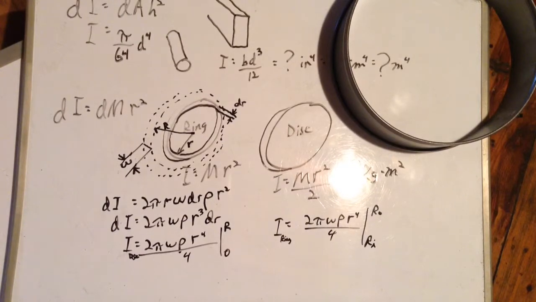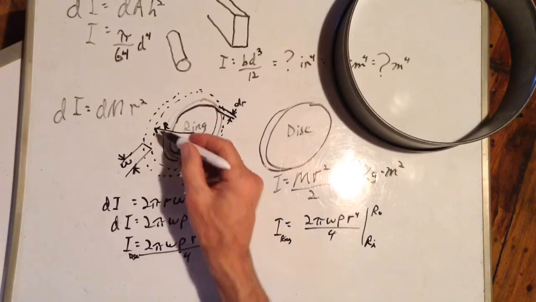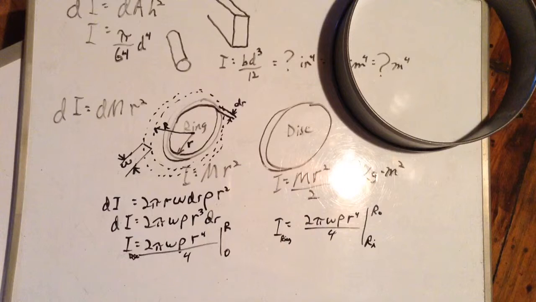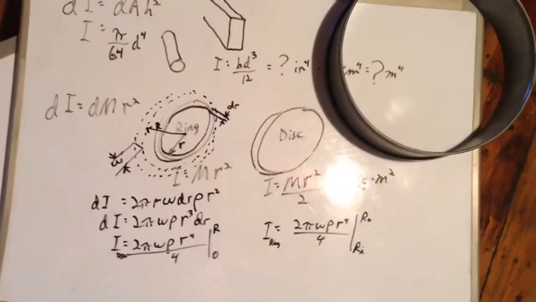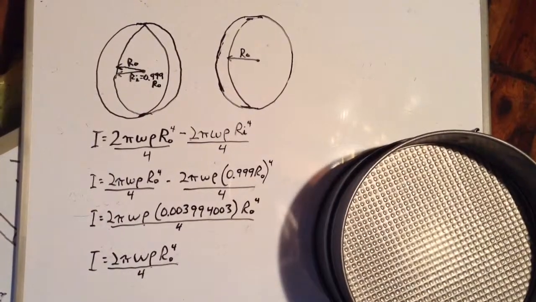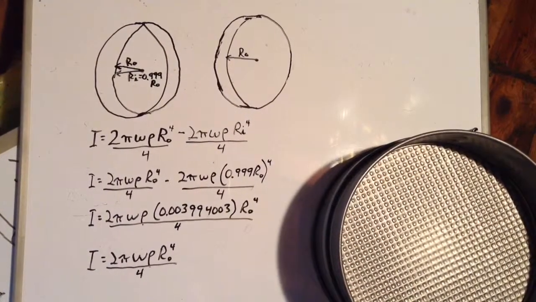Let's say we have a ring and a disk. Ooh, I better draw you another picture. Let's take a break. Let's say we have a ring and a disk.